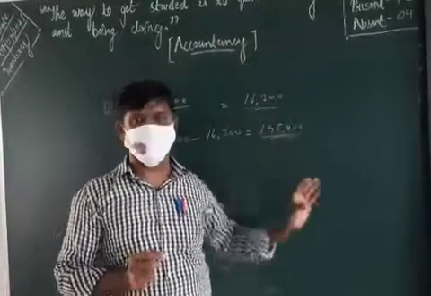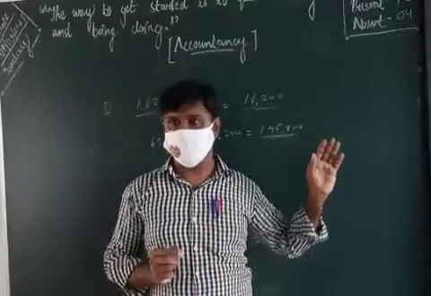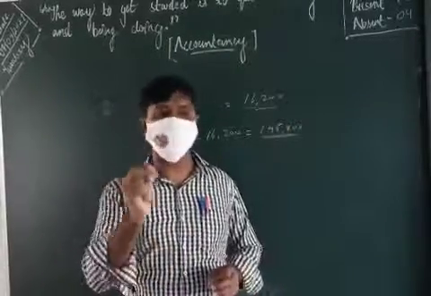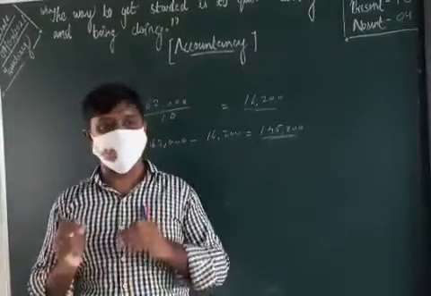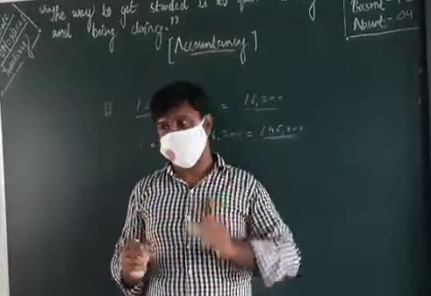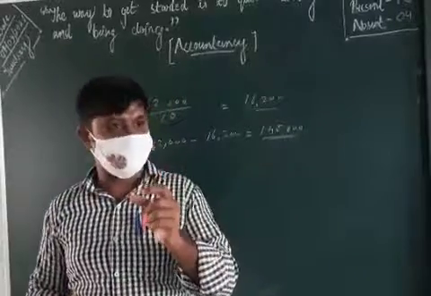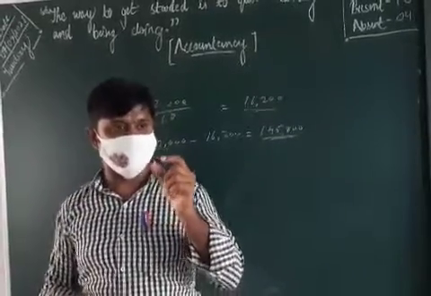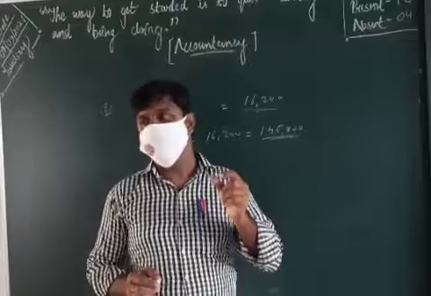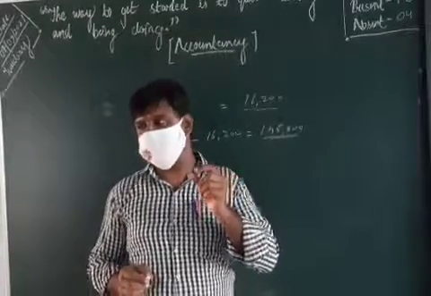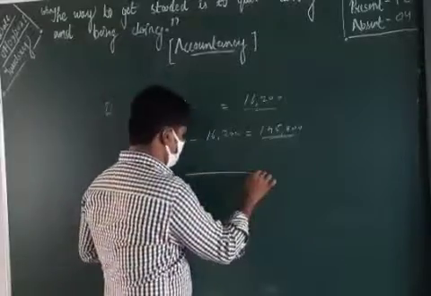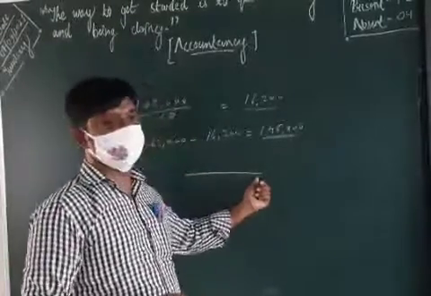Then we get one figure as the depreciation amount, and each year the same depreciation amount is reduced under the straight line method. That is why we call it a straight line. When we record the depreciation amount in a graph, we can see a straight line.